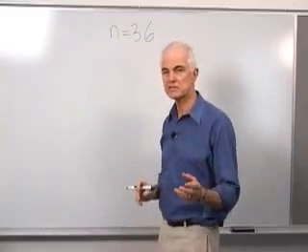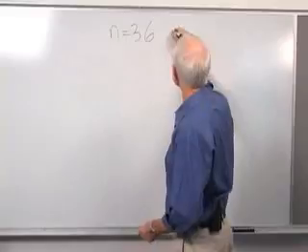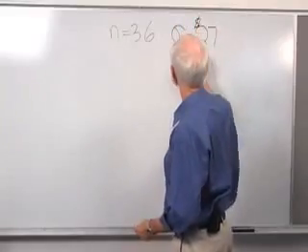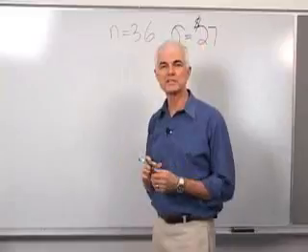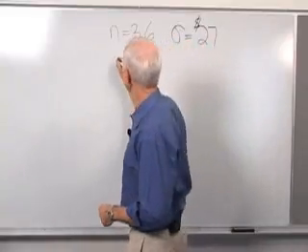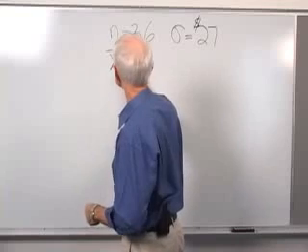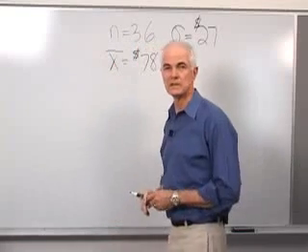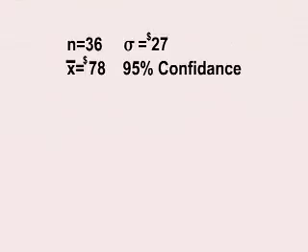We know from past history that the standard deviation of the population is $27. After we interview the 36 families and do computations, it turns out that the sample average of expenditures is $78. In addition to that, we want to be 95% confident of our result.